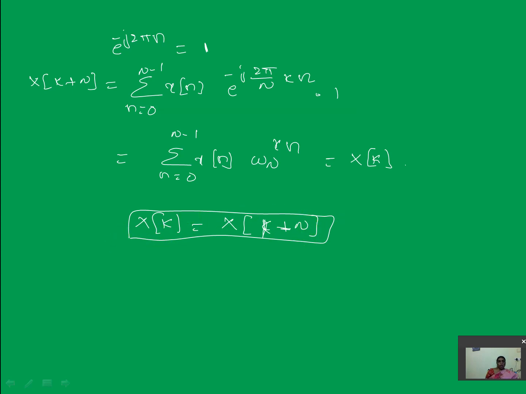Similarly, you can prove that x of n is equal to x of n plus capital N based on the IDFT formula. Very simple. If you take the IDFT formula and do it in the same way, you can get the proof for this one also.